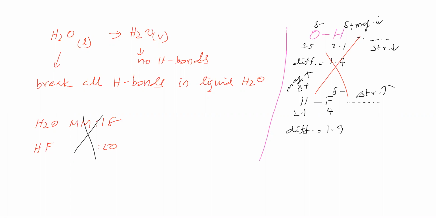Next we will see the boiling point of ammonia and HCl. The boiling point of ammonia is greater than the boiling point of HCl. So what is the reason? Ammonia is having hydrogen bonding. HCl is not having hydrogen bonding. Here HCl means not the aqueous solution of HCl, only HCl.